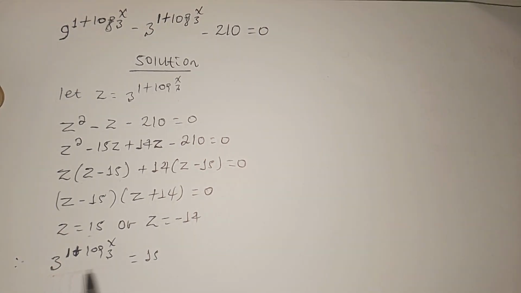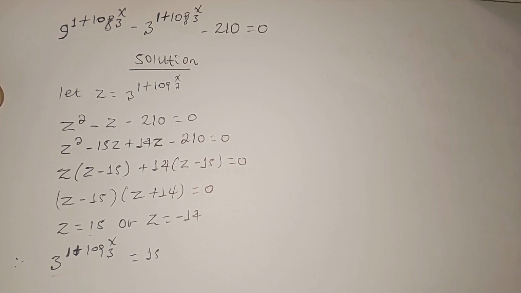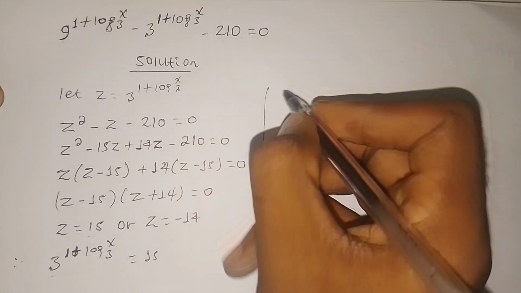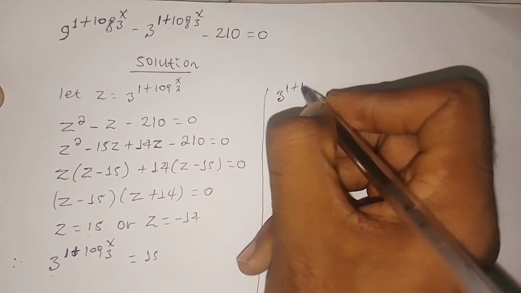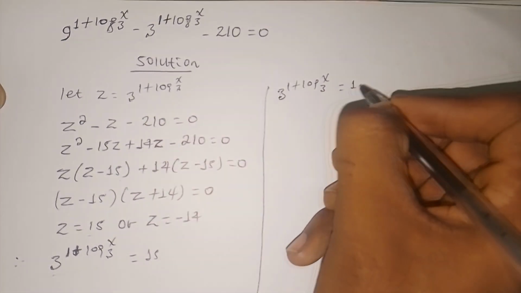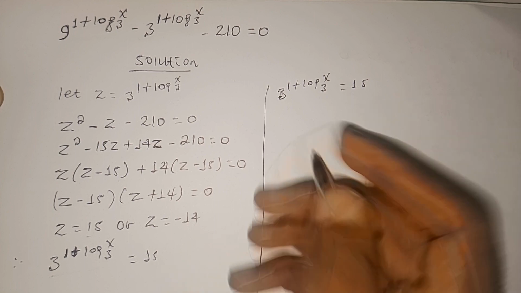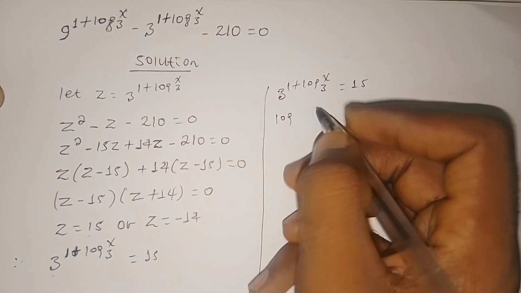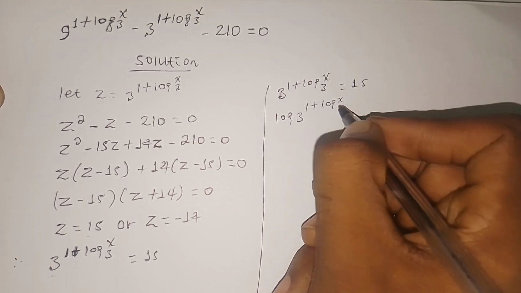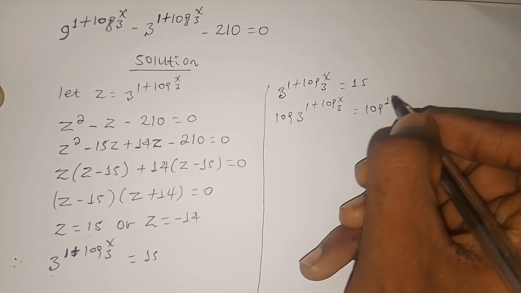This is the value of z. So 3 to the power of 1 plus log x in base 3 is equal to 15. Take logarithm on both sides: log of 3 to the power of 1 plus log x in base 3 is equal to log 15.